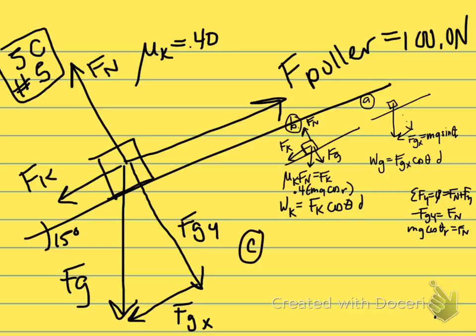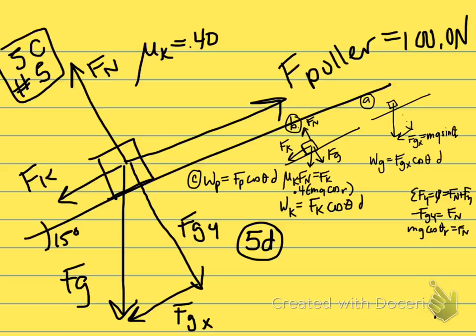So C, work of the pull equals force of the pull cosine theta d. So are we good? Okay, so now let's look at part 5D in problem 5 in section 5C. Holy moly.